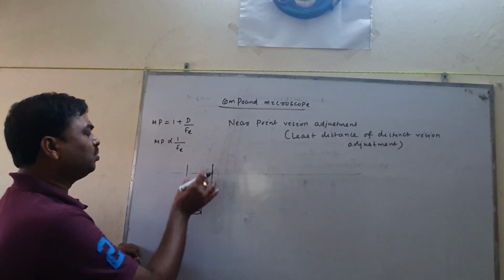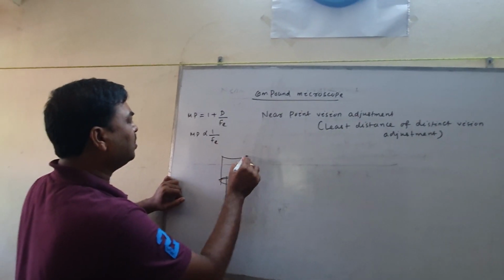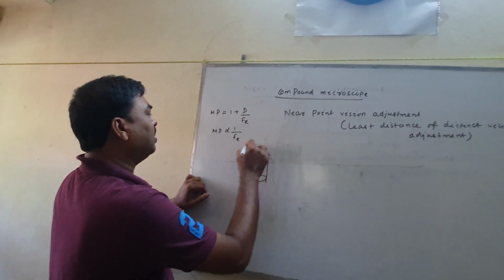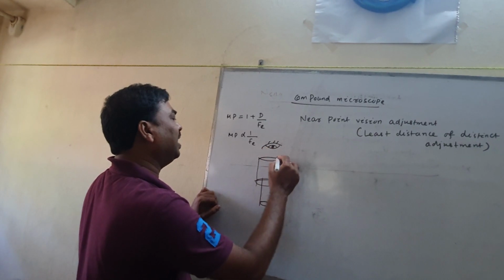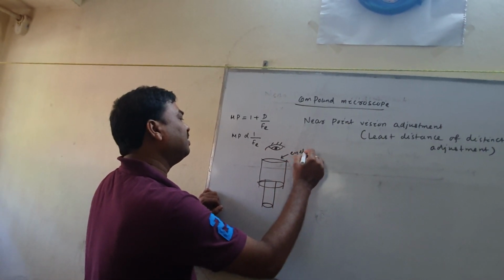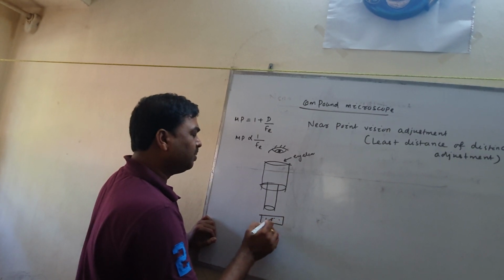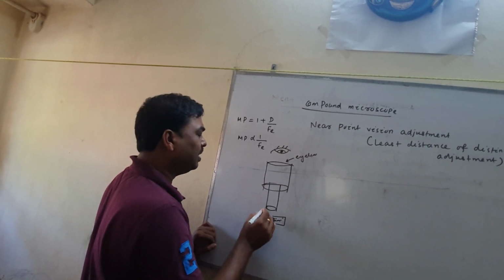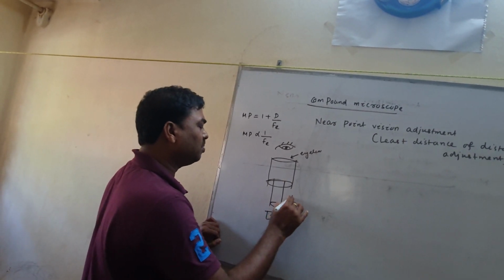See, these are two fitted cylinders. Here is one lens near to the eye. This is called eye lens. And here is a slide. The virus, bacteria, all these things are there. And near to this, the lens is near to the object, so it is called objective lens.